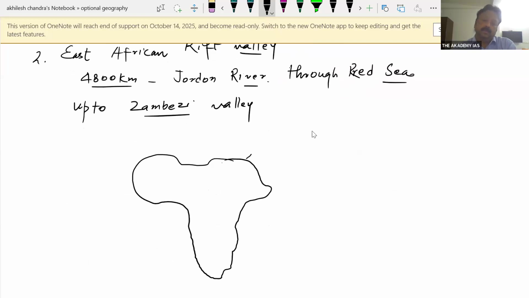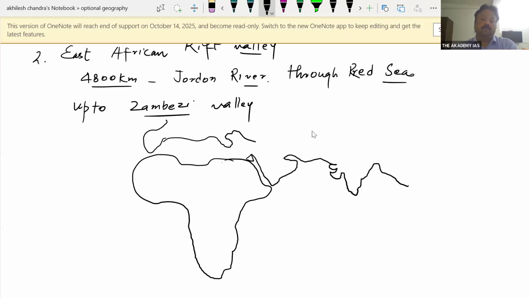here it is Sinai Peninsula. This is Red Sea. So let me draw the rift valley starting from Jordan River. Jordan River enters through Red Sea.